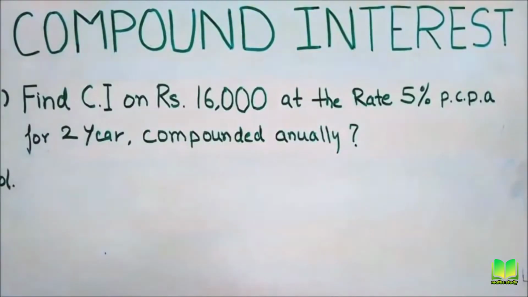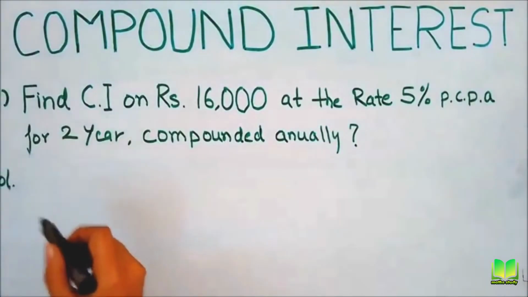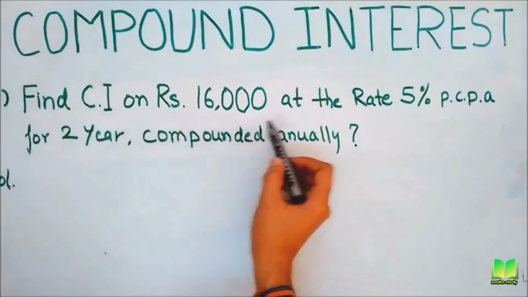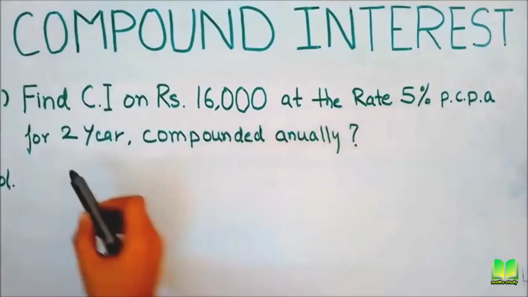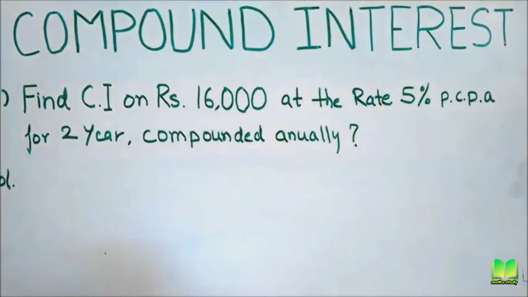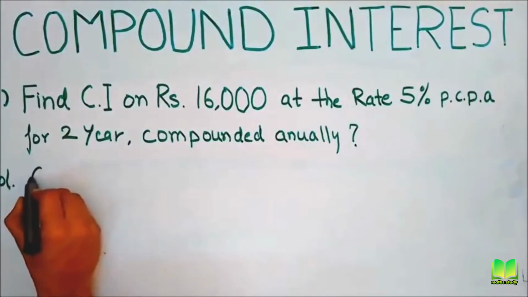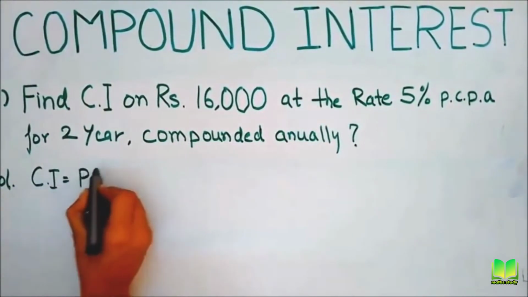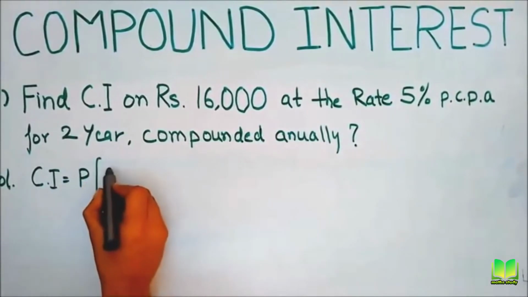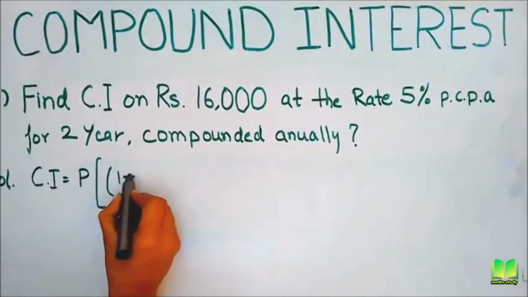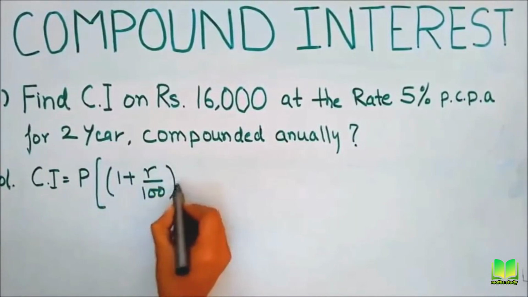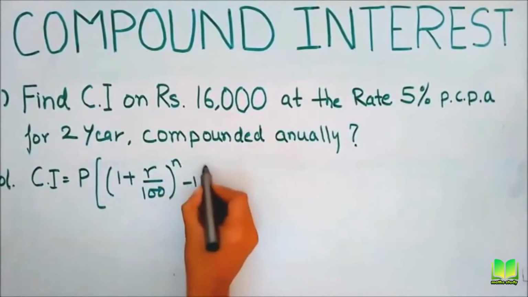Now we will solve a question based on compound interest, that is: find the compound interest on rupees 16,000 at the rate of 5% for 2 years compounded annually. Now remember the formula that I told earlier: compound interest is equal to principal [(1 plus r divided by 100) whole power n minus 1].